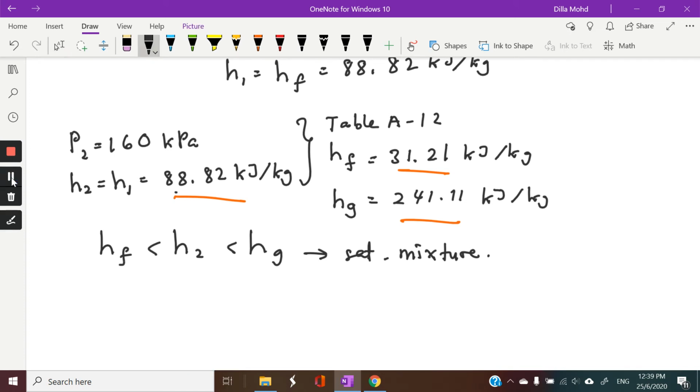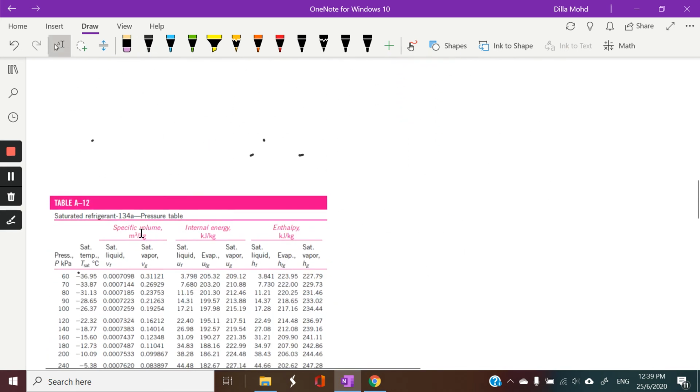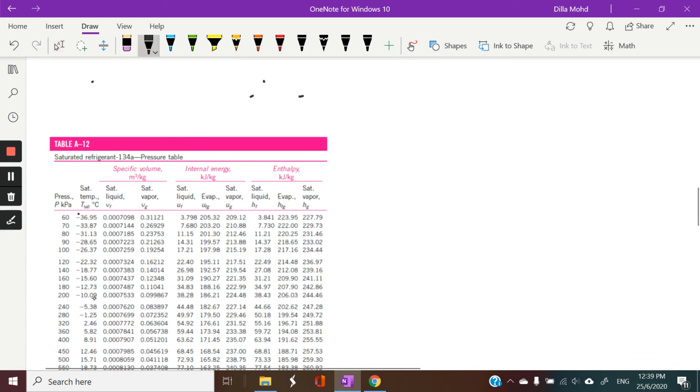Since we have a saturated mixture, the temperature at the exit is equal to the saturation temperature, and the saturation temperature at that particular pressure is minus 15.60 degrees Celsius.